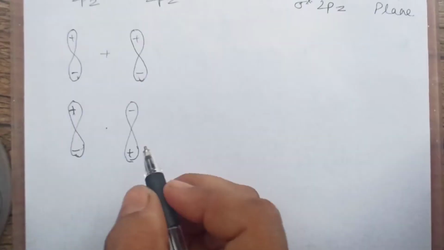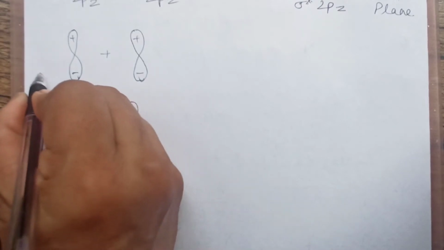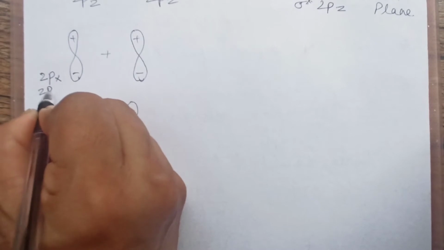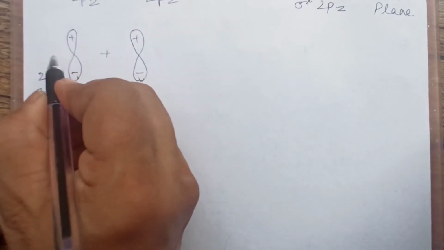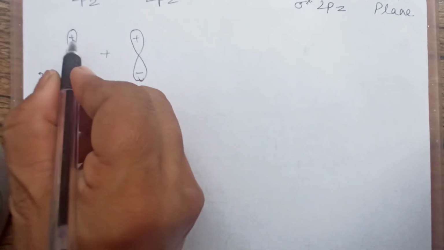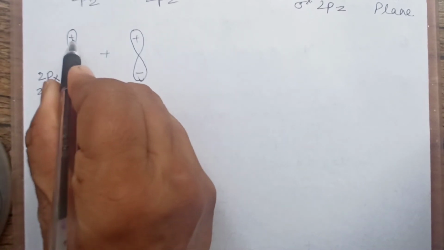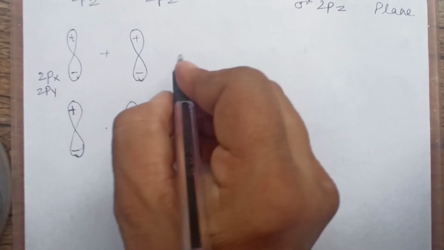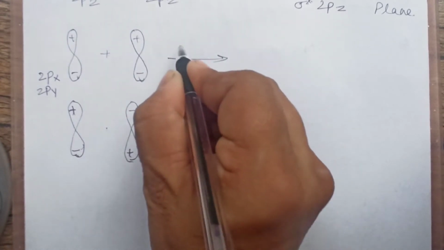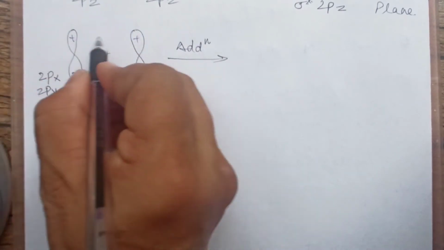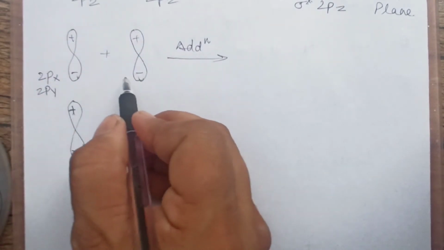Got it? Same with children, if we have to draw for 2px or 2py, which are not along the internuclear axis, which is perpendicular to that axis, then if there is addition, we'll write down positive on the top. There will be addition, and you are going to combine these upper two lobes and the lower ones.